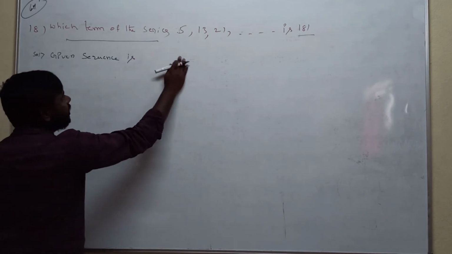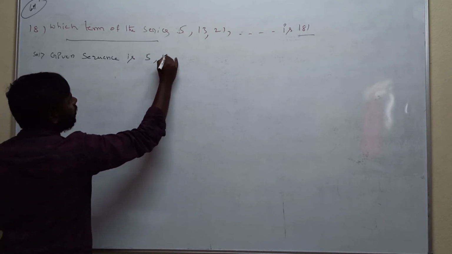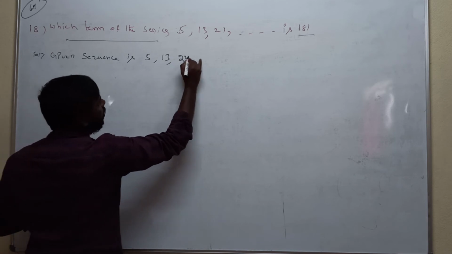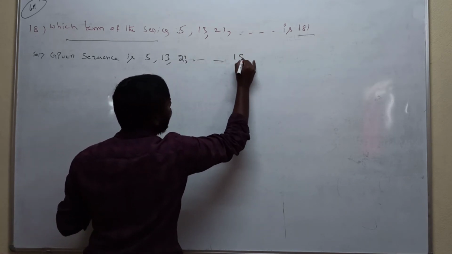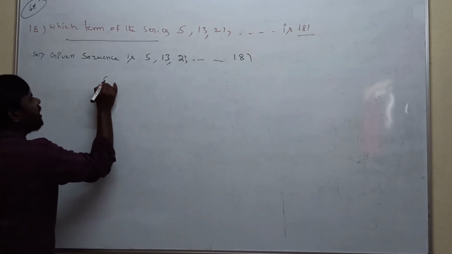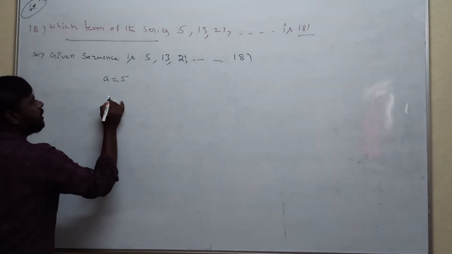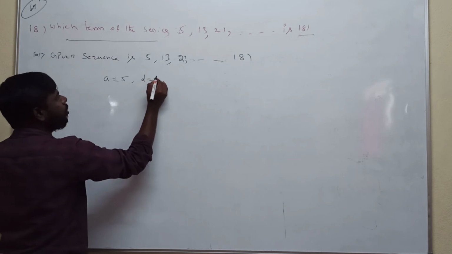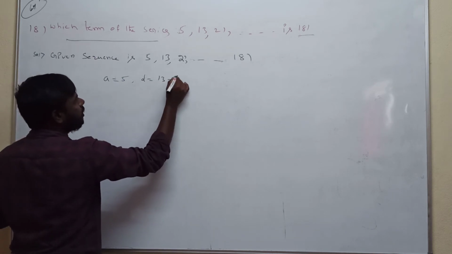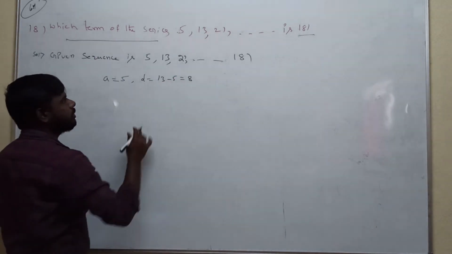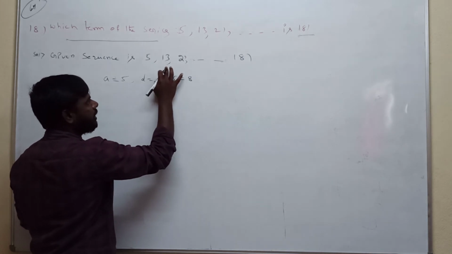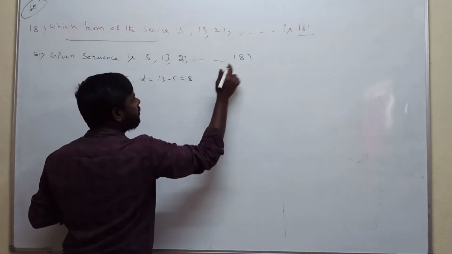The given sequence is 5, 13, 21, and so on up to 181. So a is called the first term. What is the given sequence? The first term is 5, so a is equal to 5. d, the common difference, is 13 minus 5, that value is 8. Next, first term, second term, third term, nth term.